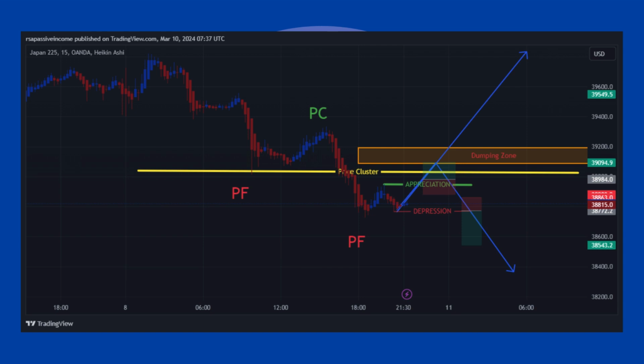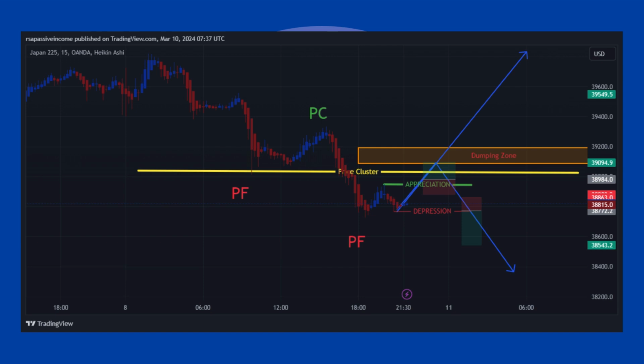Next thing on this one, I can even observe something very important, which is a dumping zone. There's a dumping zone here, so there's a possibility that the price might move in the following way.